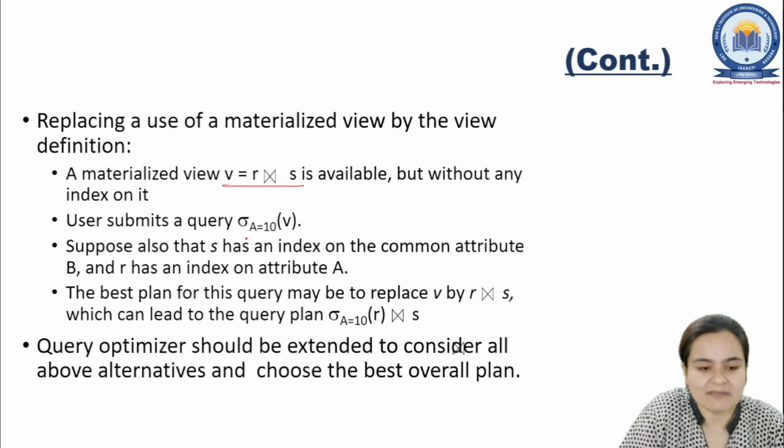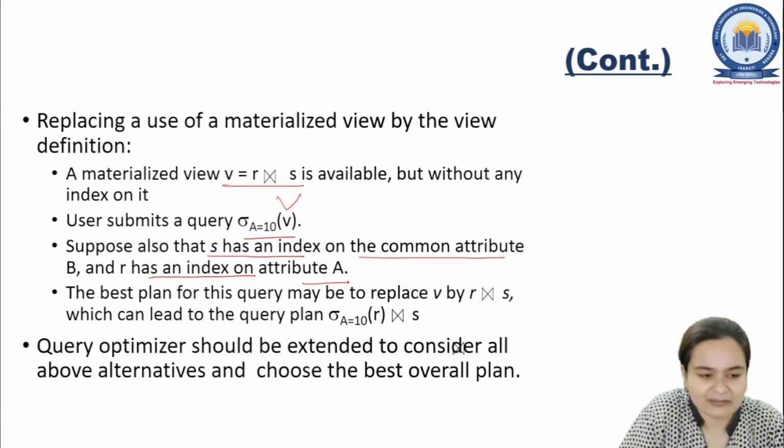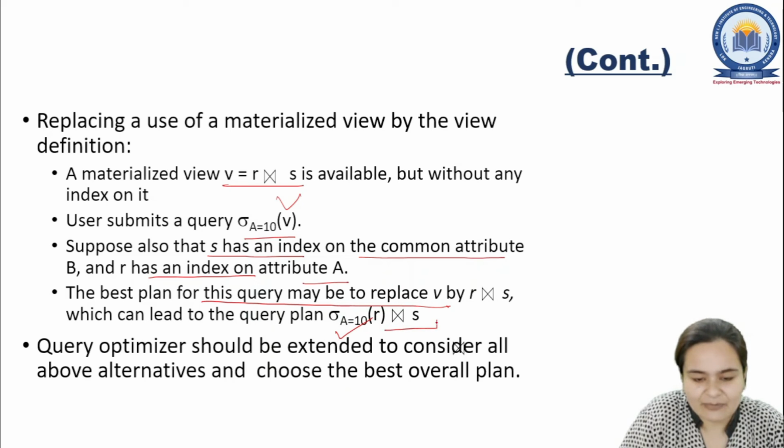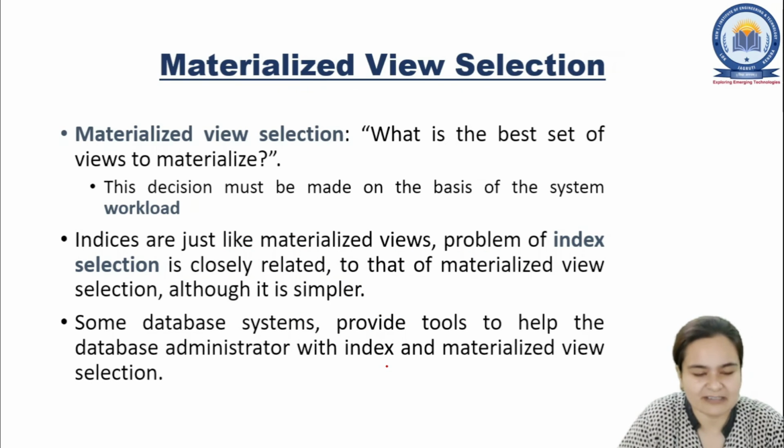Now if the user submits a query with A equal to 10, we have to get it from V. Suppose that S has an index on the common attribute B, and R has an index on the attribute A. The best plan for this query, with A equal to 10, is to filter it from R and then join it to S. So the query optimizer should extend and consider all the above alternatives that can be chosen for the materialized plan.